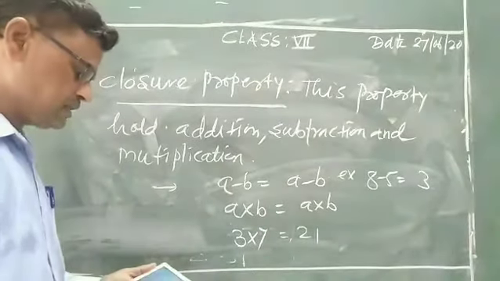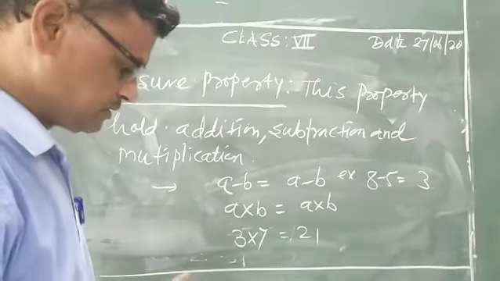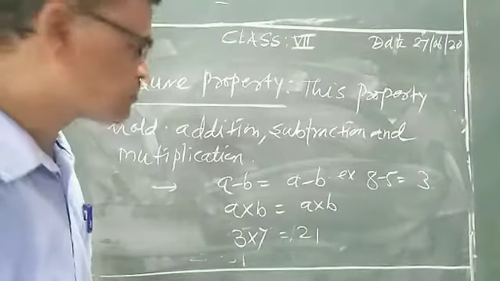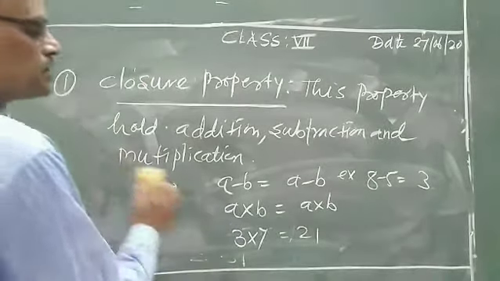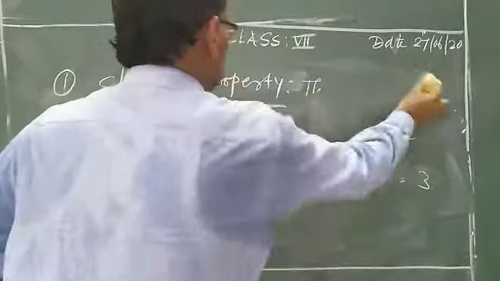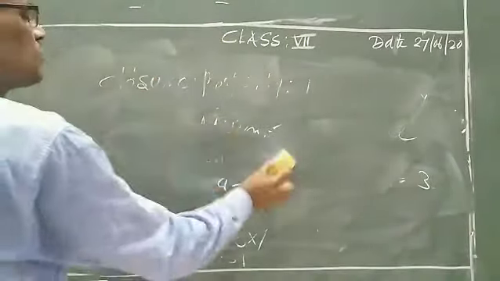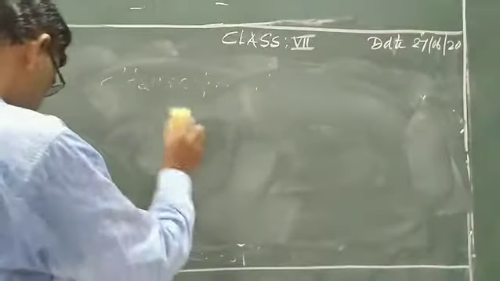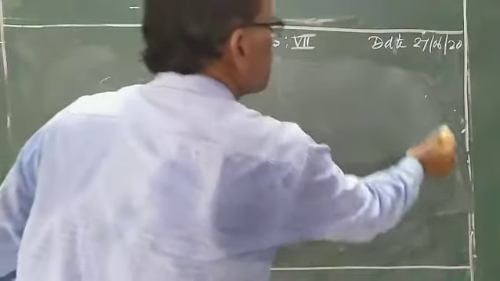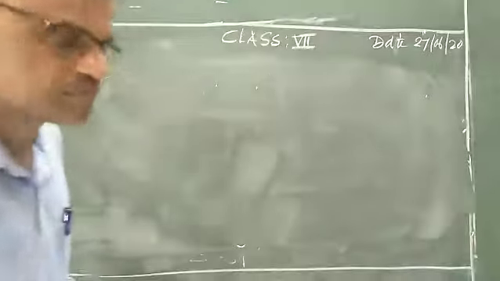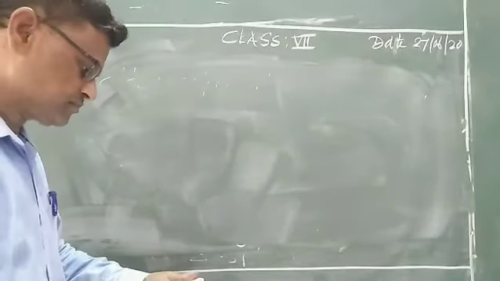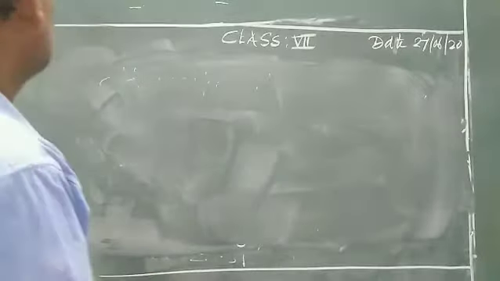So dear students, see here. Next property: commutative property.